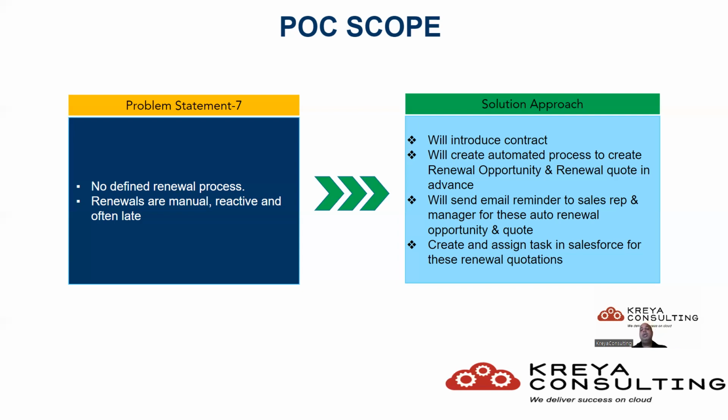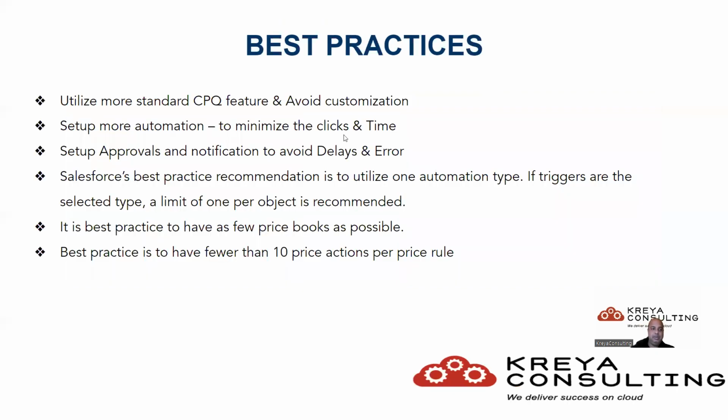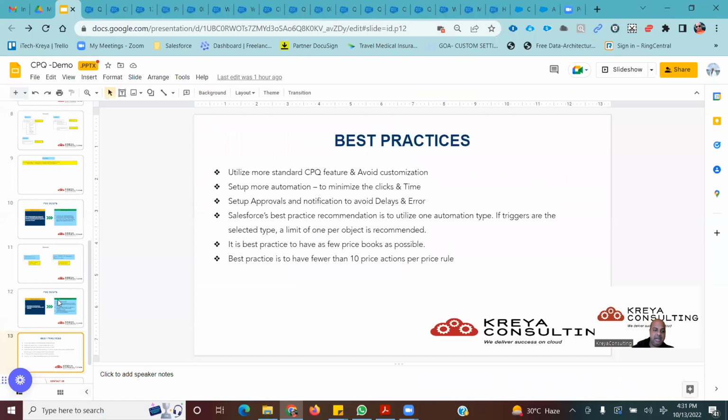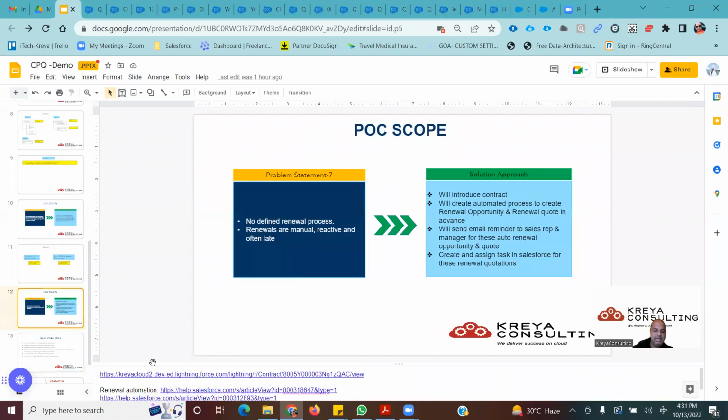My process will also create an automated task for them so that they do not forget to initiate the process to fulfill the company's agreement with their customer. So let me tell you about some of the approaches I was talking about.